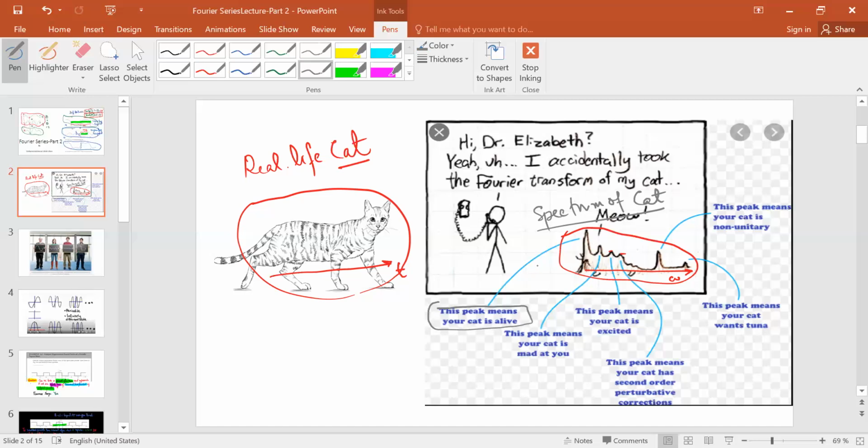And yes, sure, the cat is alive because in the time domain, it's a live cat. Now this peak, particularly the second peak that I'm watching, is telling me that the cat is mad at you. Okay. So in other words, these peaks in our Fourier domain tell us some characteristics of the cat that we may not know when we look at the real life cat.